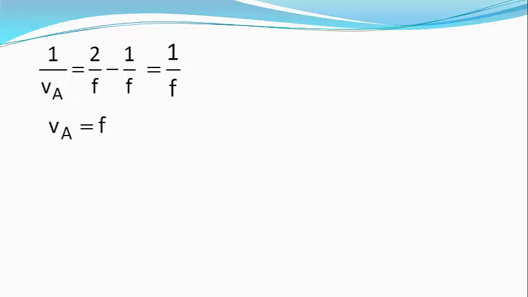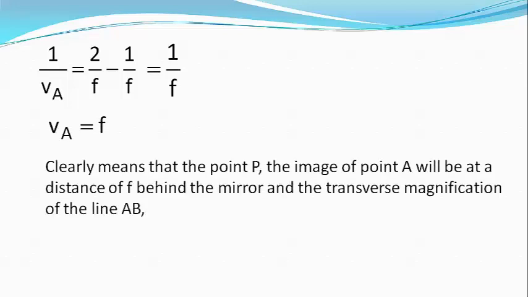This clearly means that the point P, the image of point A, will be at a distance of f behind the concave mirror, and the transverse magnification of the image of the line AB, MAB, equals minus V divided by U, which equals minus of f divided by minus of f divided by 2, or MAB equals 2.